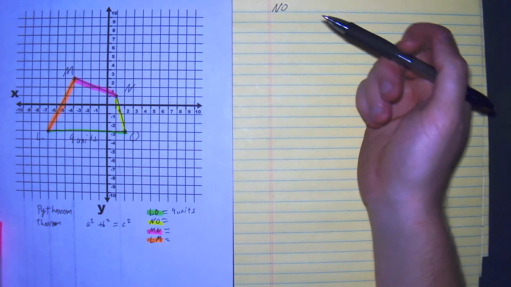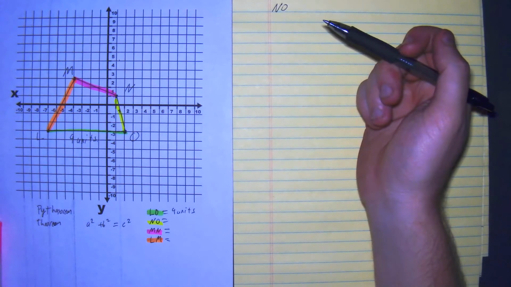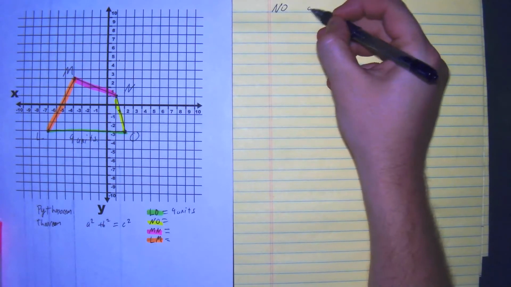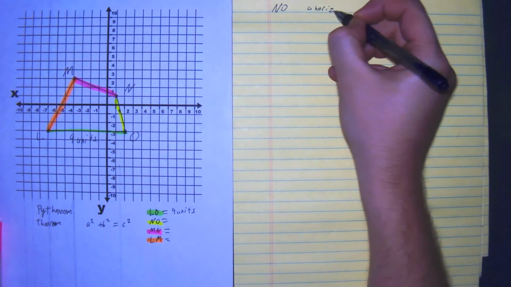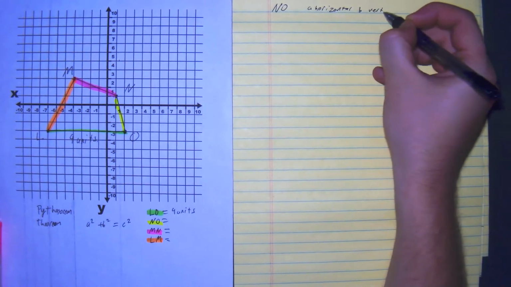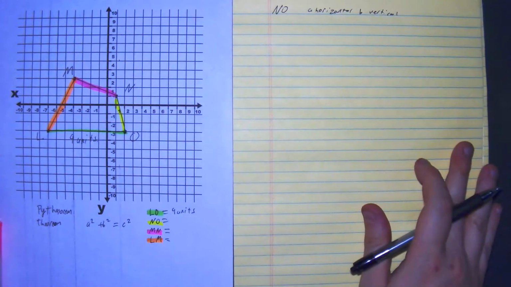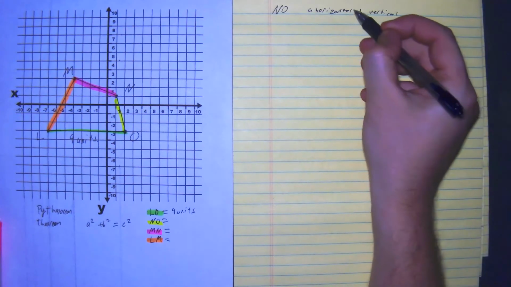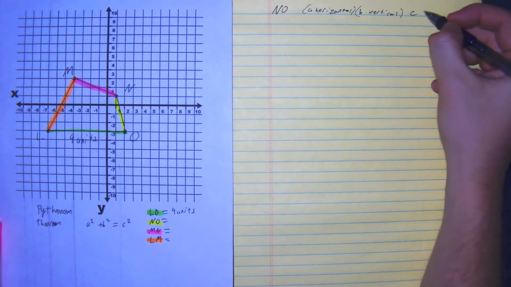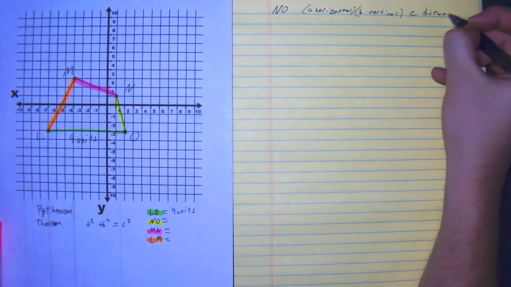A or B, the horizontal or vertical distance doesn't really matter, but just for the sake of doing it, I want to always count A as our horizontal, and B is vertical, just to keep us organized. And remember, C is the distance. So when we get to that point, that's our distance.